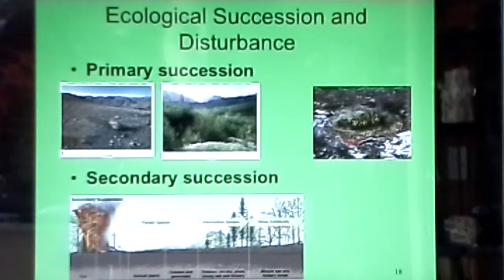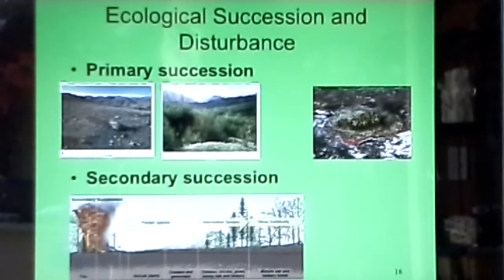In primary succession, seeds come into the area by way of an animal passing through, or they're blown in. If that plant is able to grow in rocky soil, or basically rocks without any organic matter, then it will begin to break up the rocks and slowly turn it into soil.